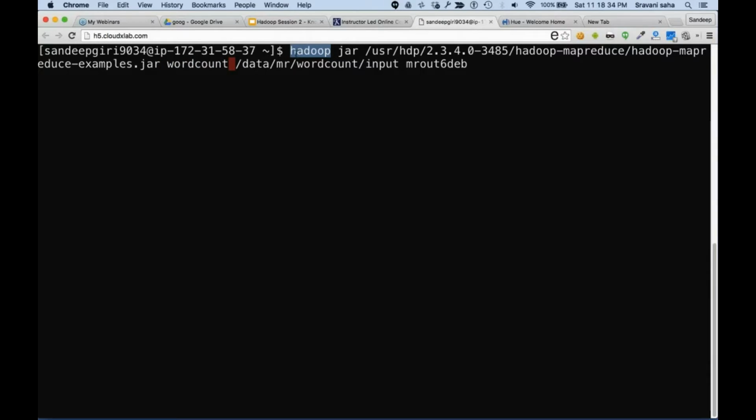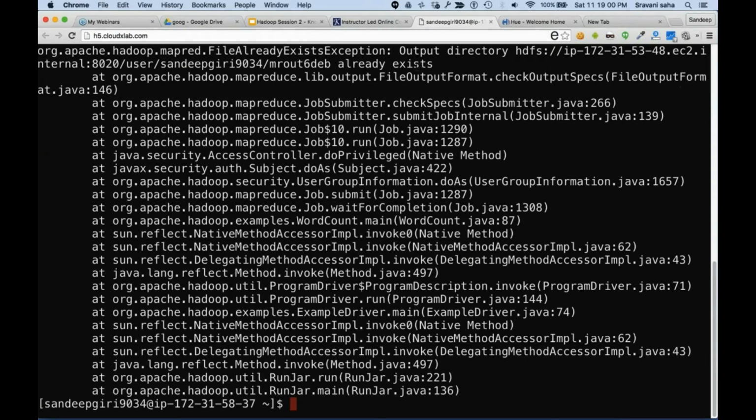Now, here you can see that we are providing an input folder. We are telling Hadoop, here are my input files. And we are providing the output folder, where it should keep the output data. If you try to run it again, it will give an error saying this folder already exists.